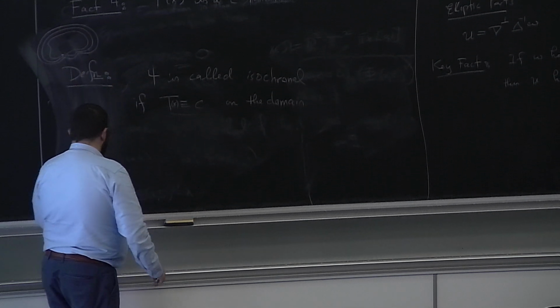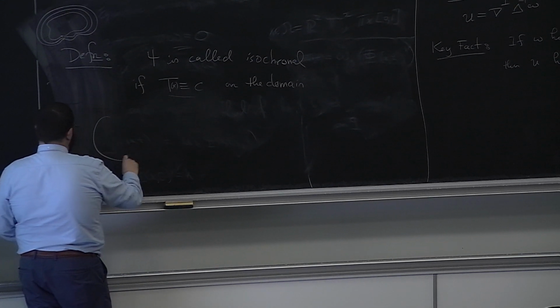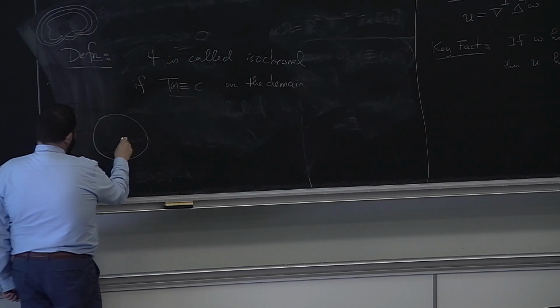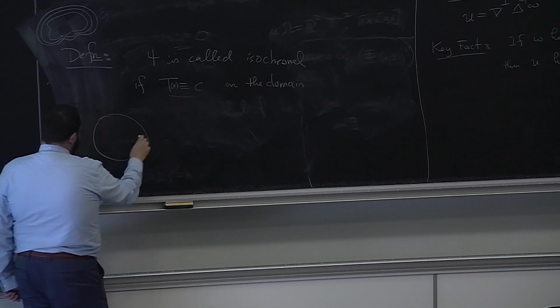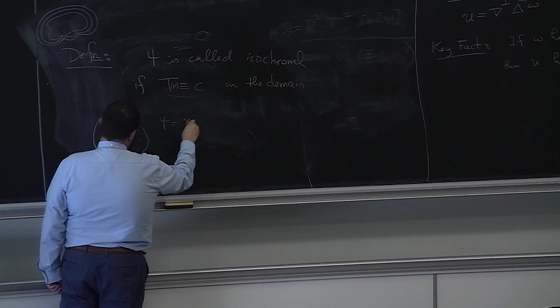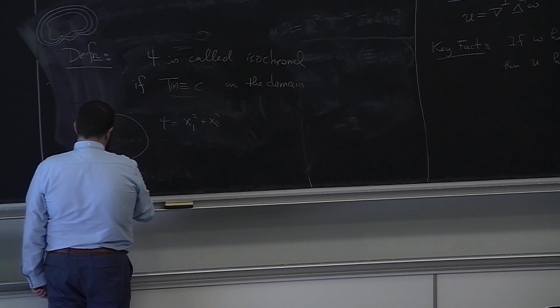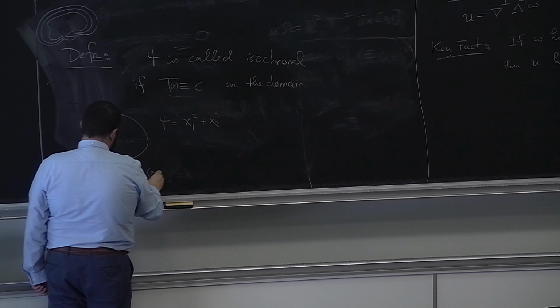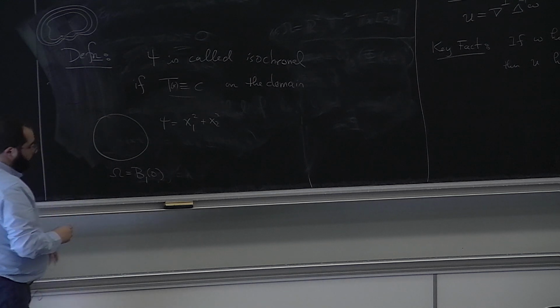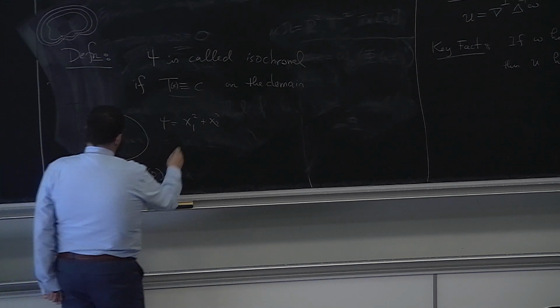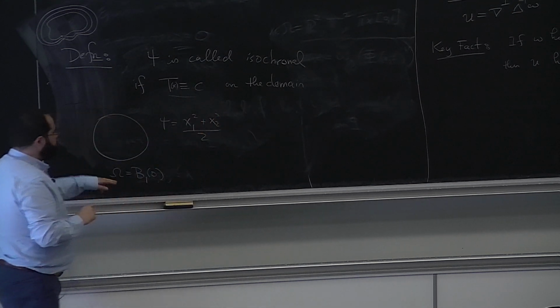So, for example, if you just take a circular domain and you take the Hamiltonian to be x1 squared plus x2 squared, so that omega is just the ball of radius 1 around 0, then all of the periods are 2 pi.